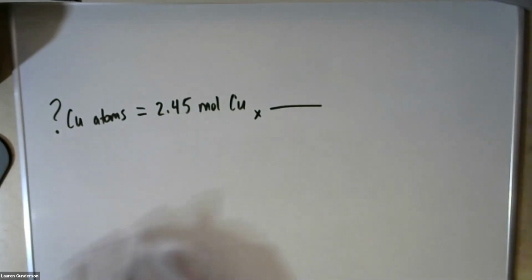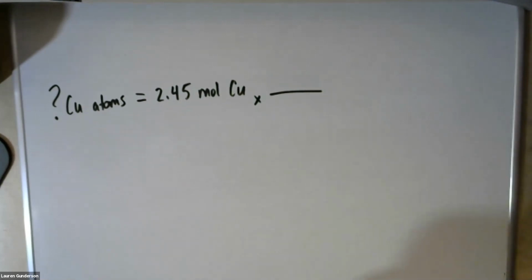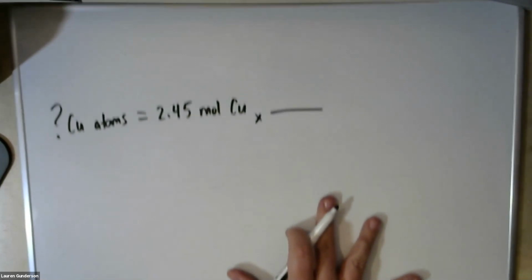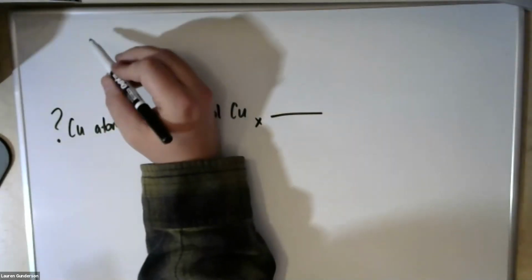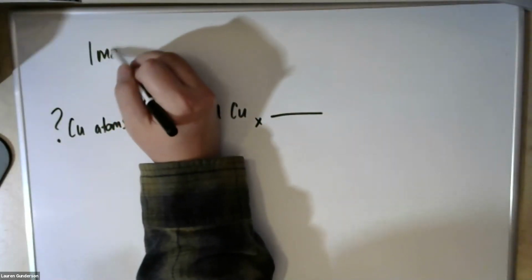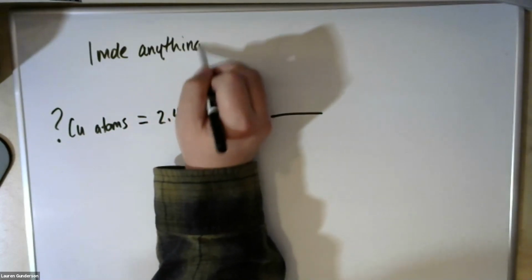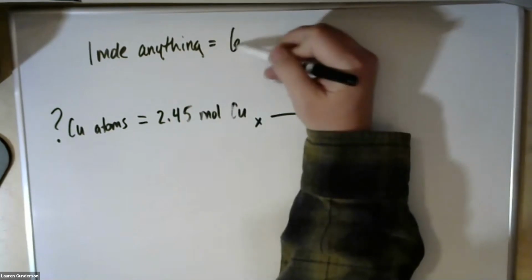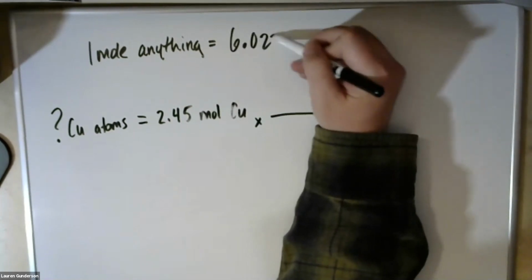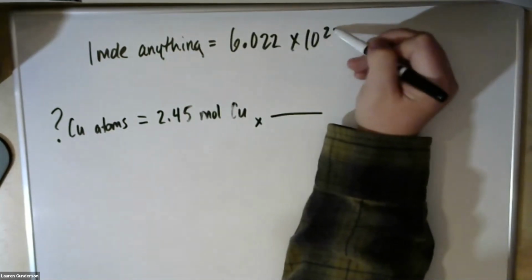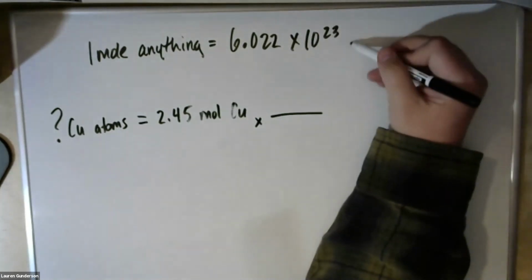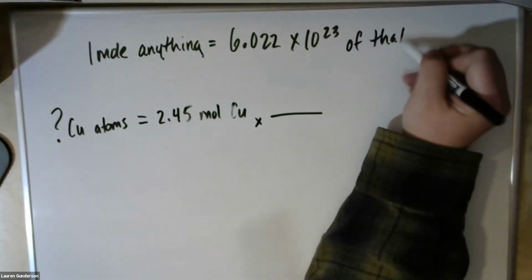Okay, and the relationship that I'm going to be able to use to do this is my Avogadro's number relationship, which says that 1 mole of anything equals 6.022 times 10 to the 23 of that thing.